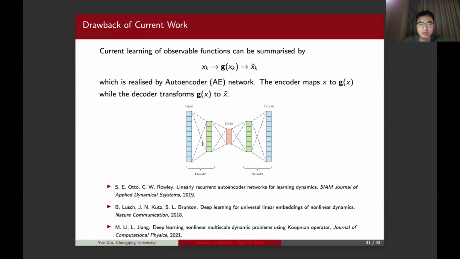But this is a one-way approximation: you have something here and you get something similar from the output, but the other way you cannot guarantee. If you put something at the output, you would also like the input side to have something similar, but this is not achievable by the autoencoder framework.